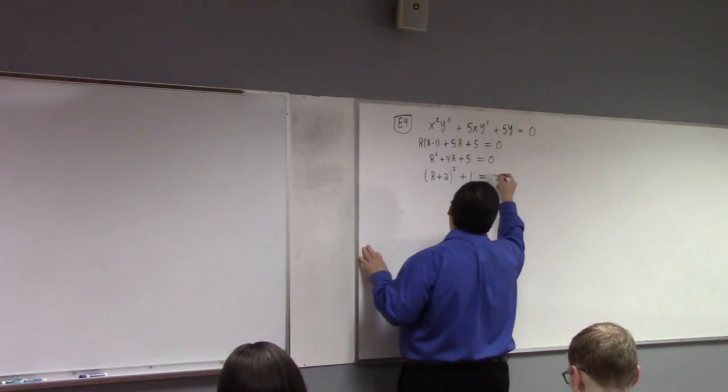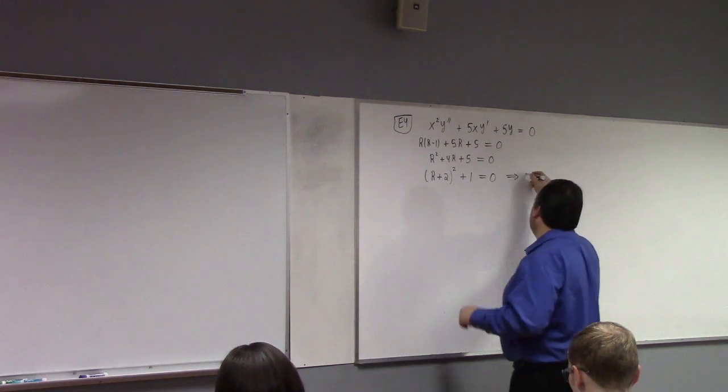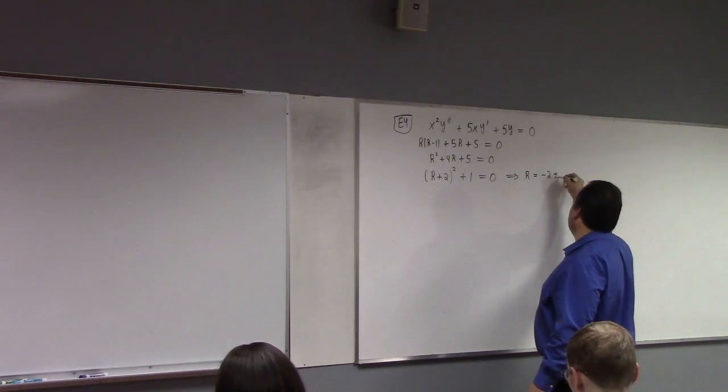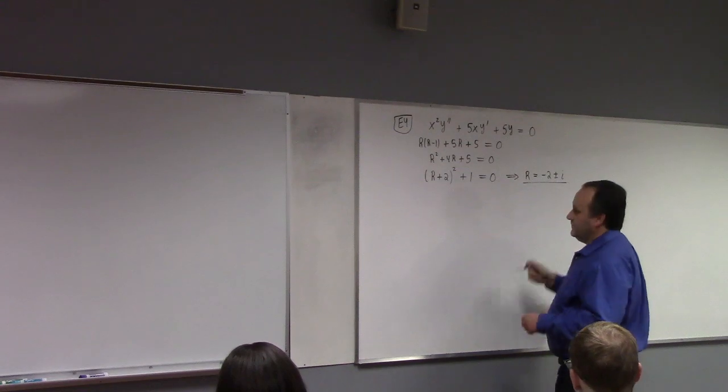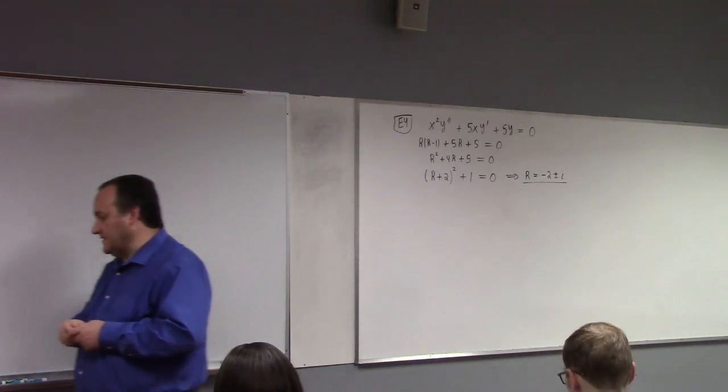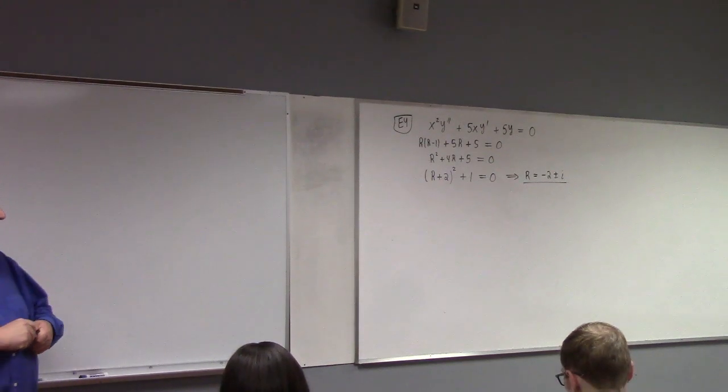We get this, right? So this tells me that r, in this case, is minus 2 plus or minus i. All right? So how do we deal with that? What is the solution in this case?